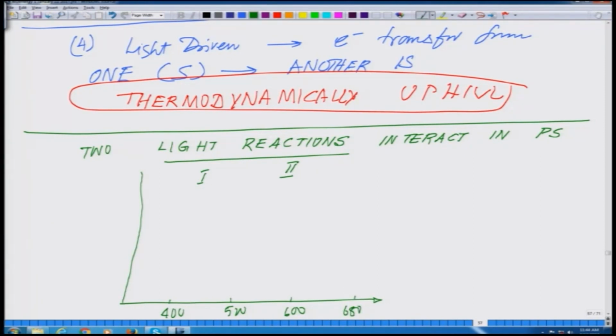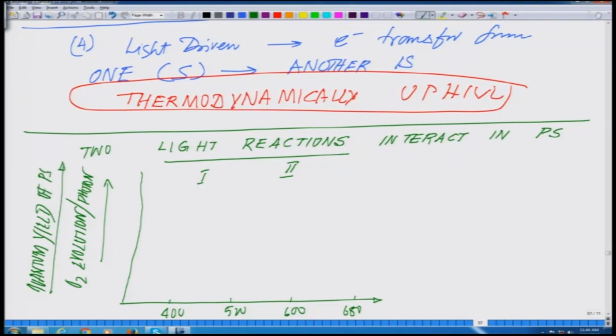And on the other side, we will be talking about the oxygen evolution, or oxygen evolved per photon, or in other words, this is also called the quantum yield of photosynthesis. Okay. So, what you observed in this is a very interesting aspect.